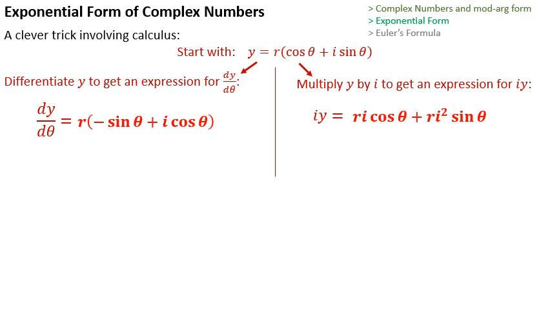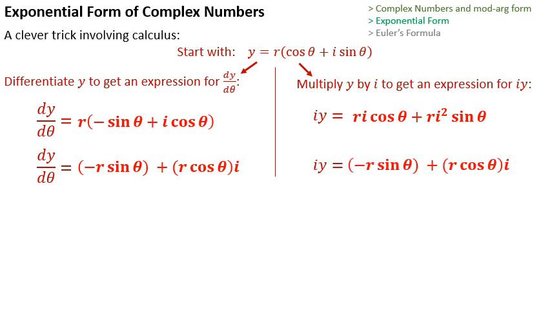If you look closely at those two terms, the one on the left and the one on the right, hopefully you've managed to notice something. If we simplify a little bit, put them in a more recognizable form perhaps, the real component is minus r sine theta and the imaginary component is r cos theta. And on the right, the same thing.